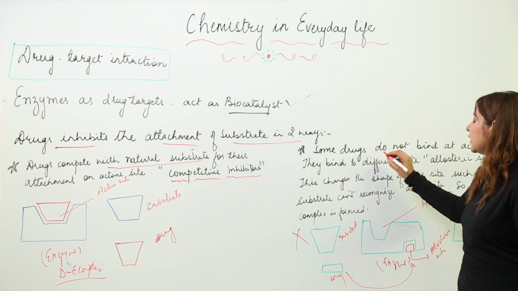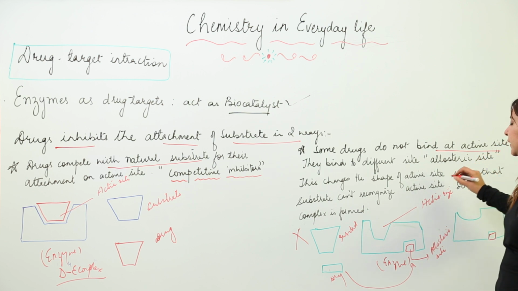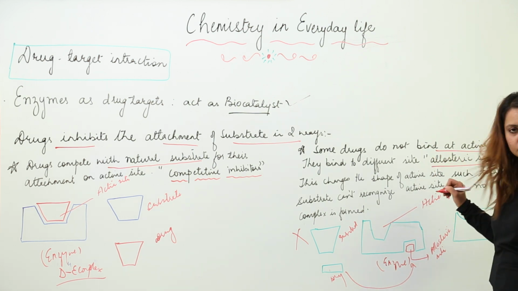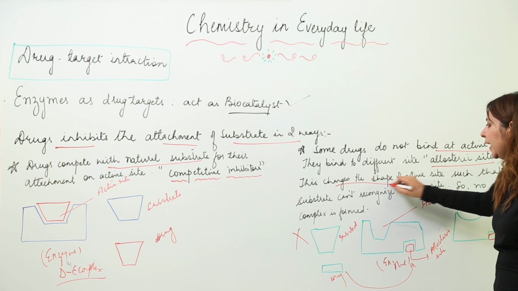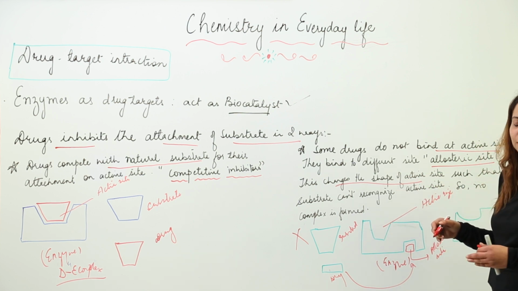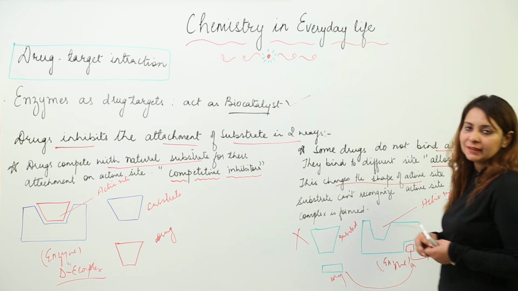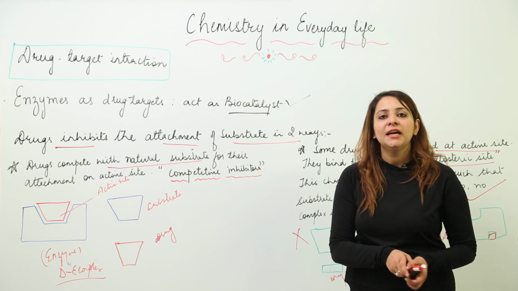And secondly, there can be a chance that the drug does not bind at the active site. Instead, it binds to some other site called the allosteric site, which causes a change in the shape of the active site, and the substrate cannot recognize it. So therefore, no complex, no reaction catalyzed, and the activity of the enzyme is inhibited.